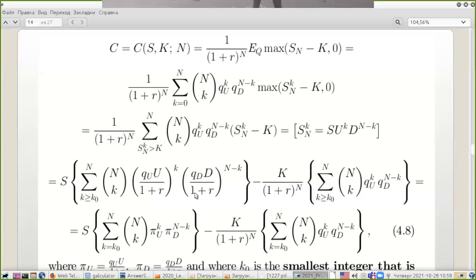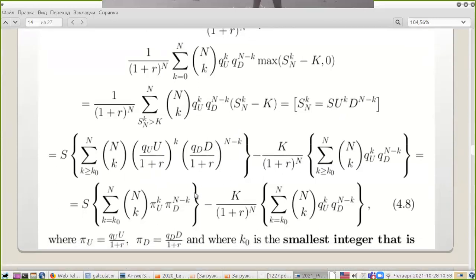Because after that, we can denote this as P_U, this as P_D, and we write that this price should be more than K, but we can define the index when this equality will be true.